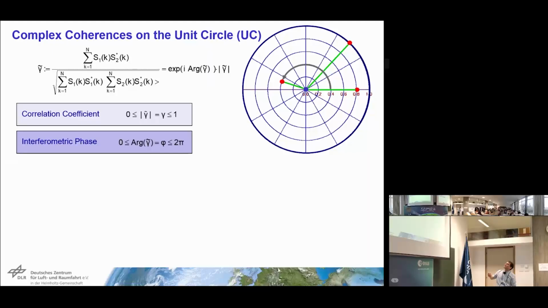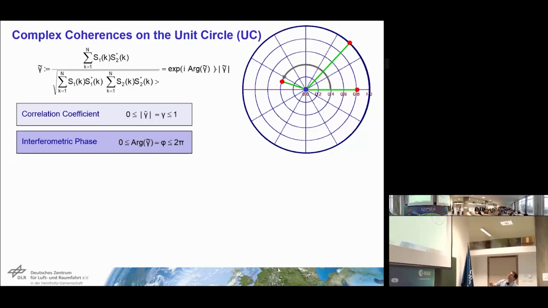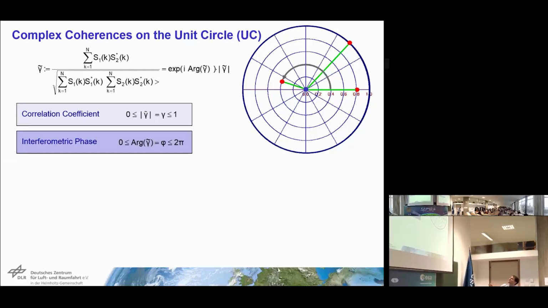The coherence is now a point in the complex plane. You see these red dots? These are three different coherences, three different objects. The absolute value is the distance of this point from the center of the complex plane.